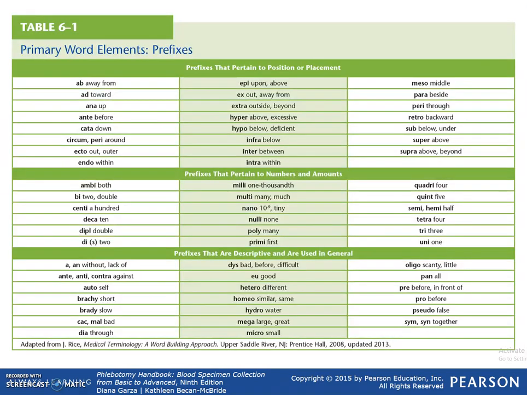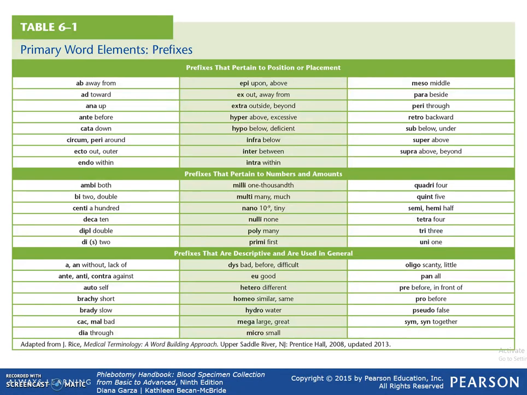You're going to practice pronunciation and combining vowels and plural endings. Table 6.1 gives primary word element prefixes. For an example, we're going to look at supra, which is above and beyond, or super, which is above. So superior vena cava, meaning above the heart.